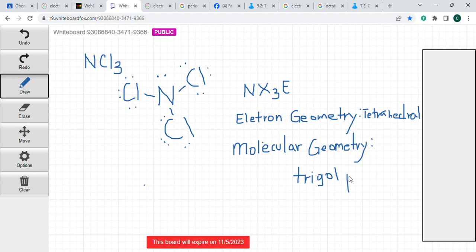Trigonal pyramidal. So this is the shape, trigonal pyramidal.